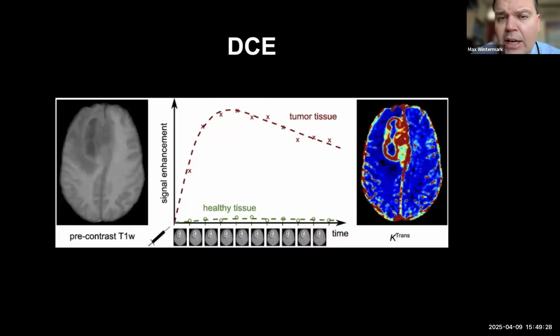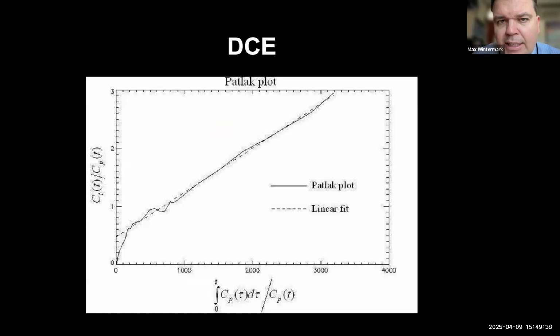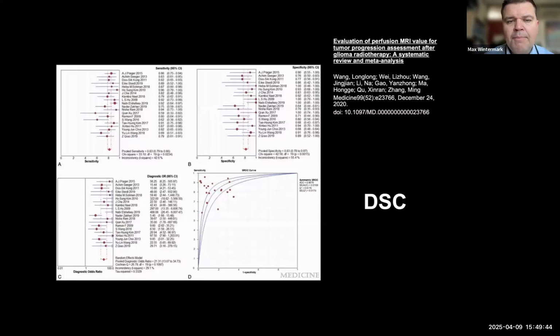You can also calculate CBV from DCE, but it's more of a secondary measurement. So again, you get very similar information, and the way you apply it is very similar to what we saw before.